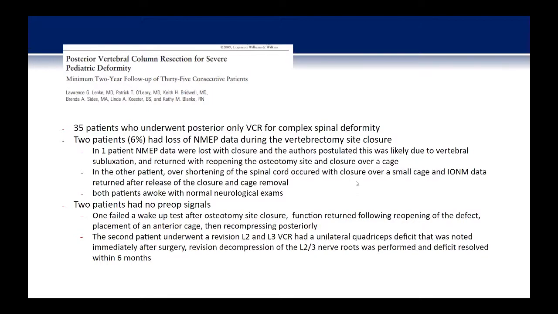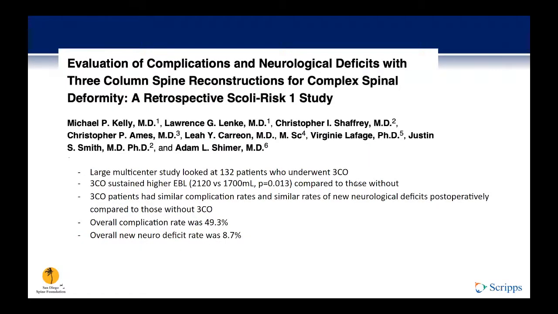I'll keep going here. This is another paper, Dr. Scheer's group, I think he's out of Virginia. This was a large multi-center study that looked at 132 patients who underwent 3-column osteotomy.